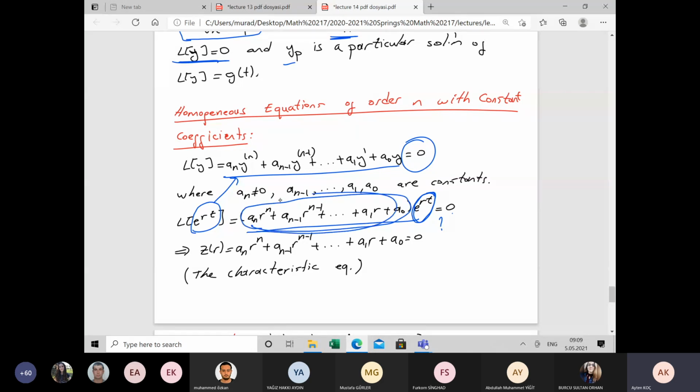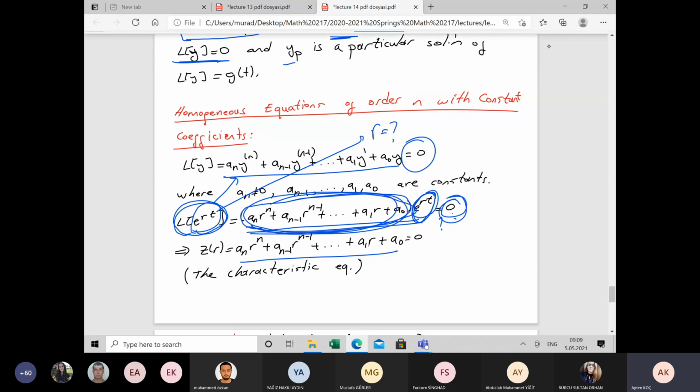Our aim is to get r. If e to the rt is a solution, this product should be 0, and since the second factor is non-zero, the first part should be 0.